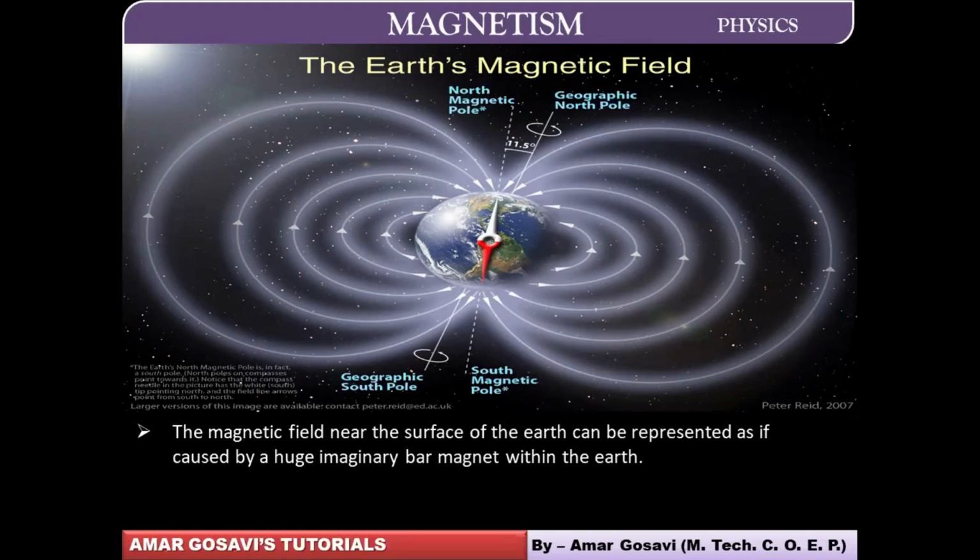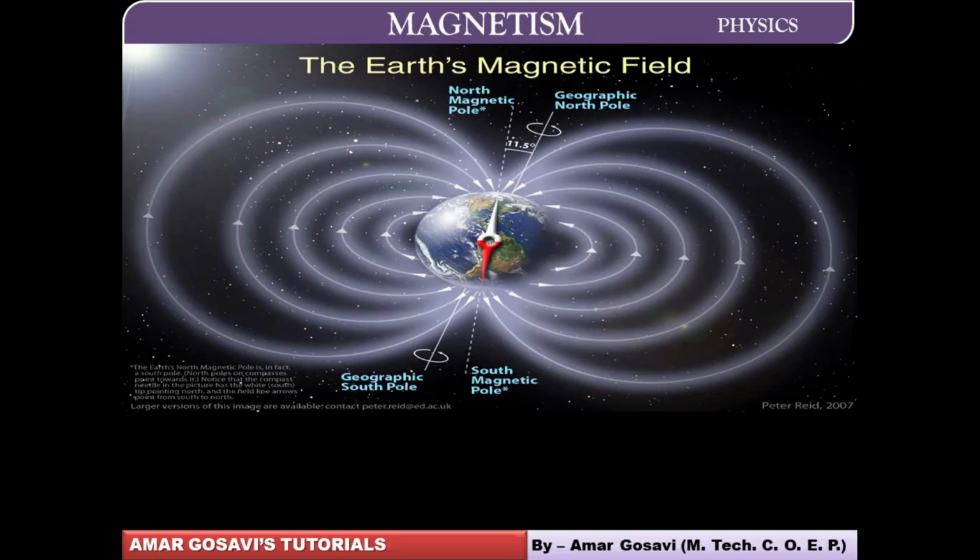That's what I said in the earlier stage also. You can consider that there is a huge bar magnet at the center of the Earth, which is creating the magnetic field around the Earth, which we call geomagnetism.